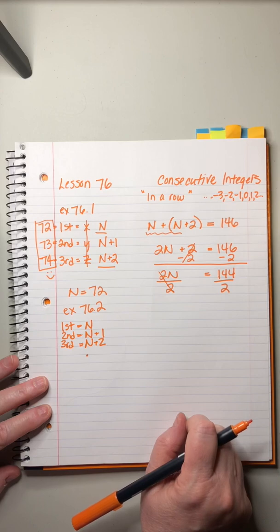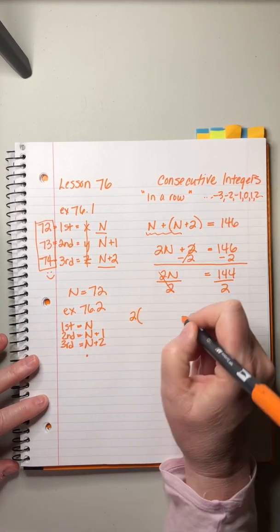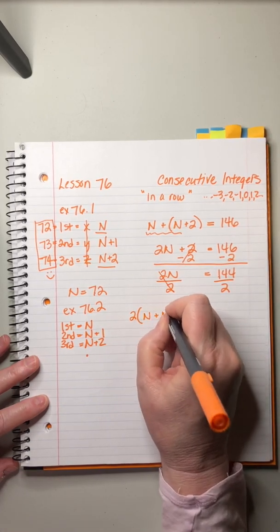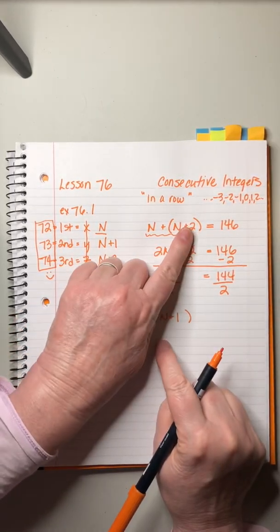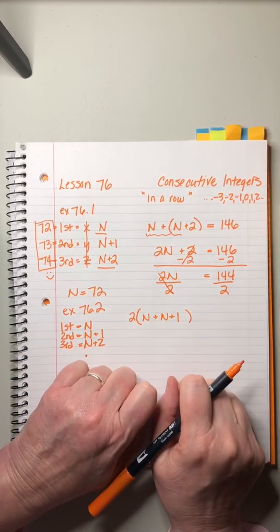Twice the sum of the first 2. Okay, let's write that much. Twice the sum of the first 2, n plus 1. We saw up here, you can put parentheses around if you want, but I don't want to do that because they're already in parentheses.